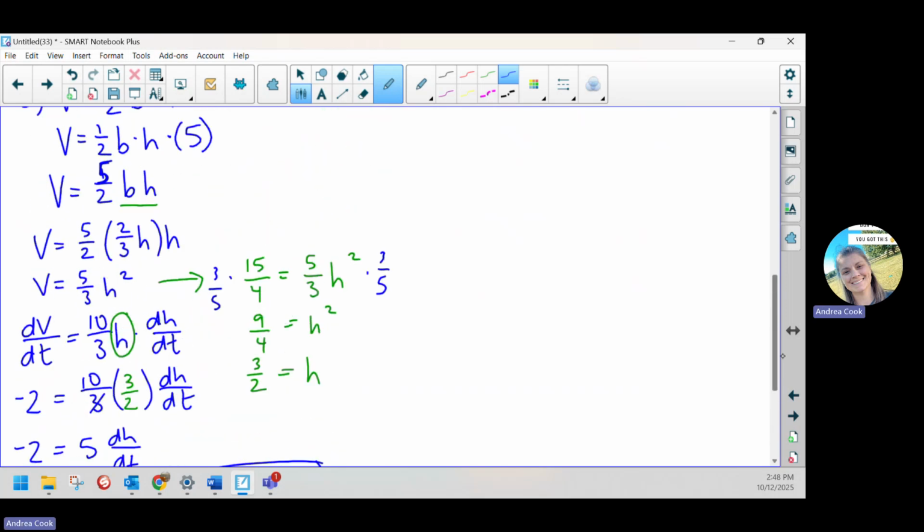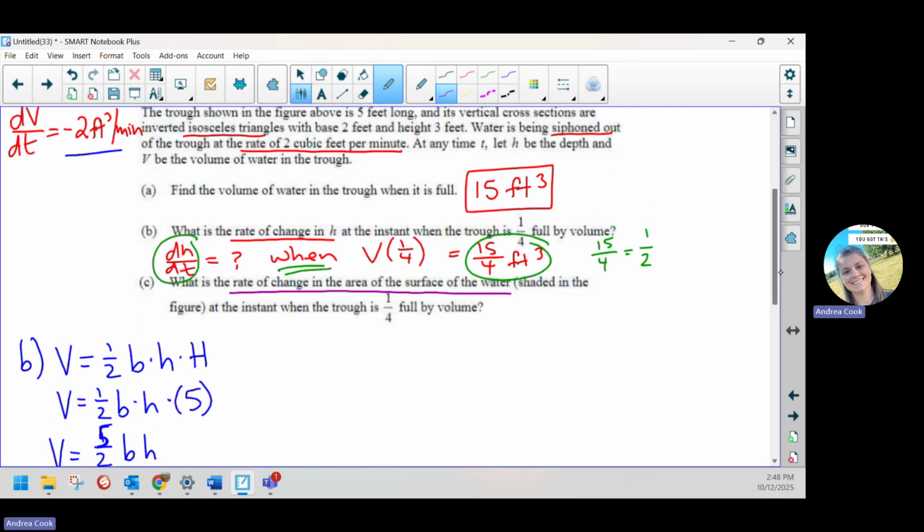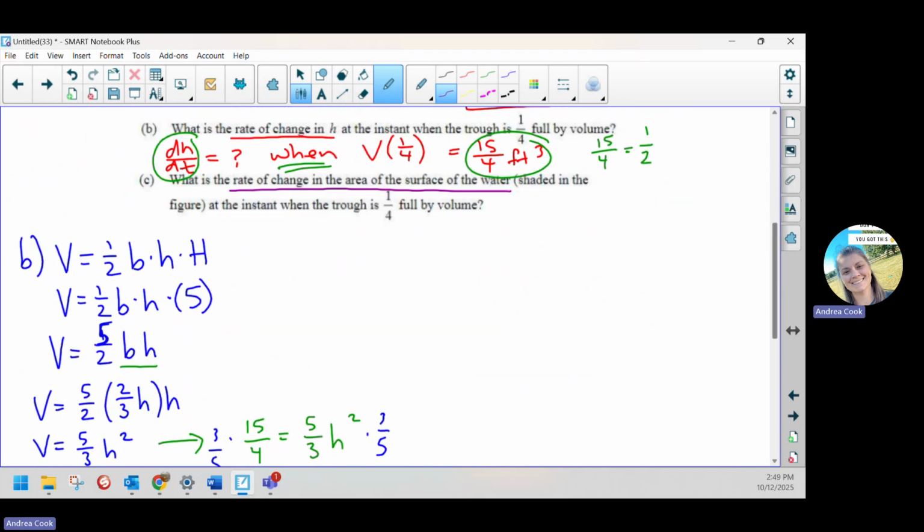All right, that was a hard part. All right, so part C, find the rate of change in area of the surface of the water. So the shaded region here you can see is a rectangle. So for part C, we're finding the rate of change in area of that rectangle.